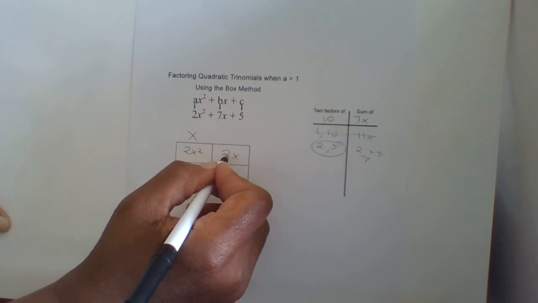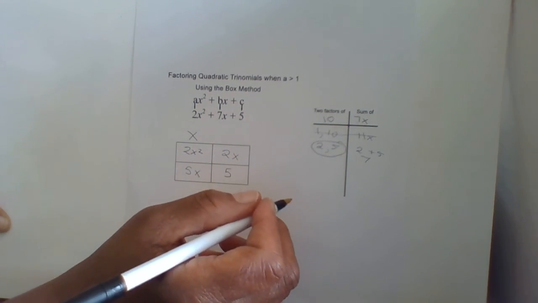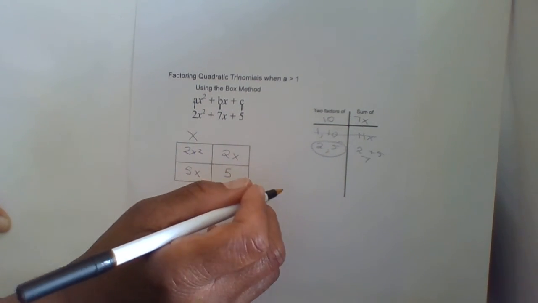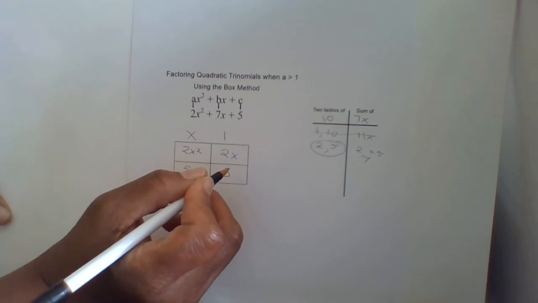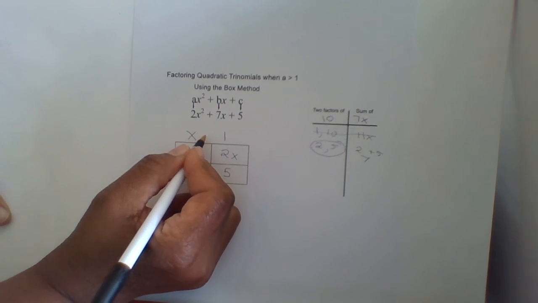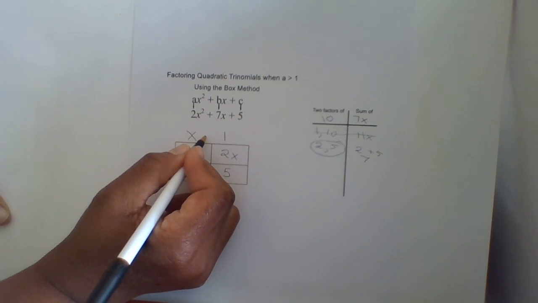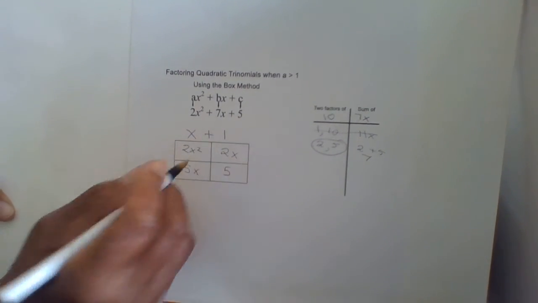Ask yourself, what do 2x and 5 have in common? Well, the only thing those two terms have in common is 1. Put it above that column. This term determines what sign is going to go between the x and the 1. And since 2x is positive, this is going to be plus 1.